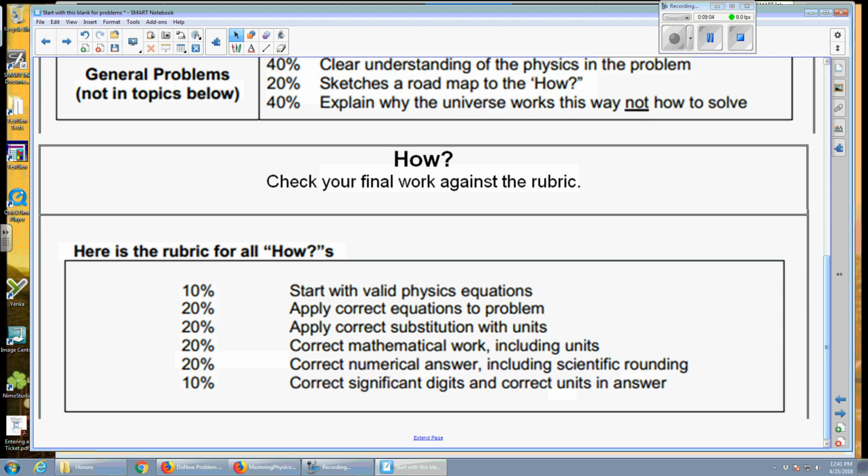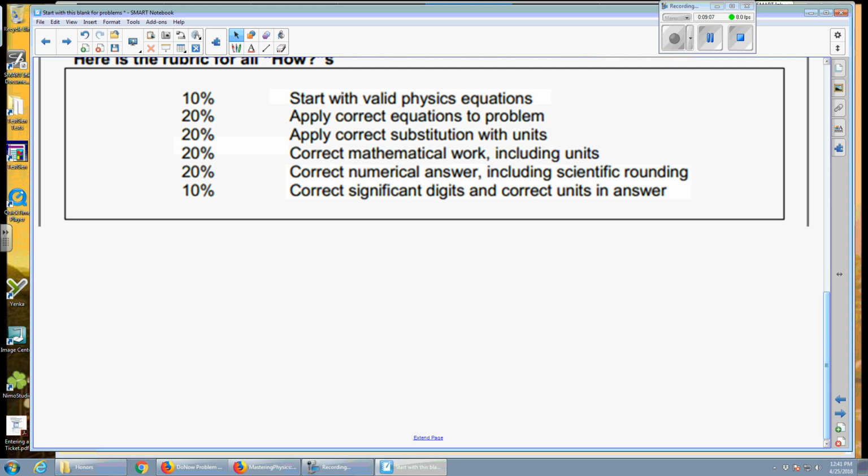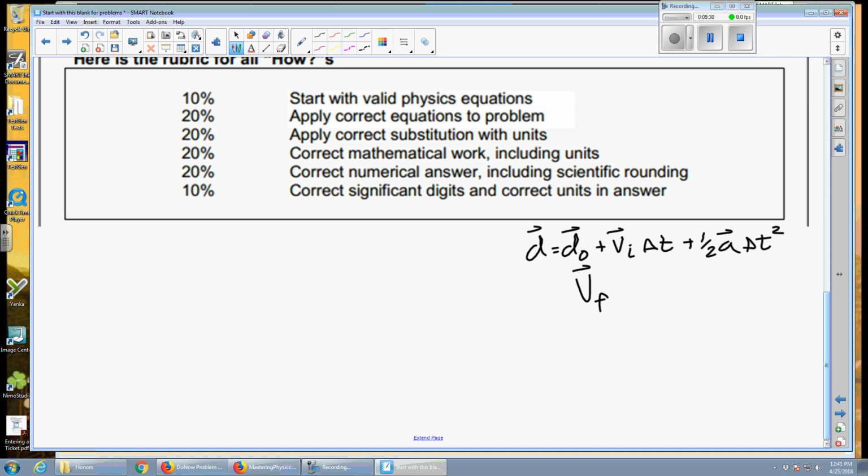Alright, so equations I'm going to need. Well, I might need my general kinematics. Vector, vector, vector, vector. I think I'm going to need that the final equals the initial plus a delta t.